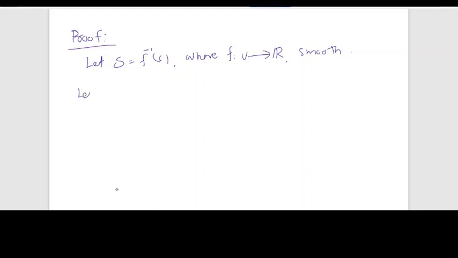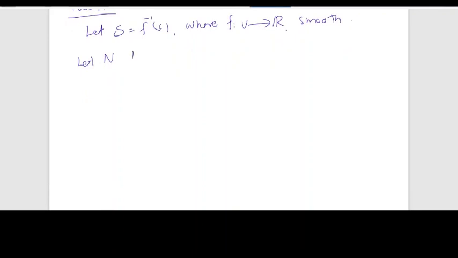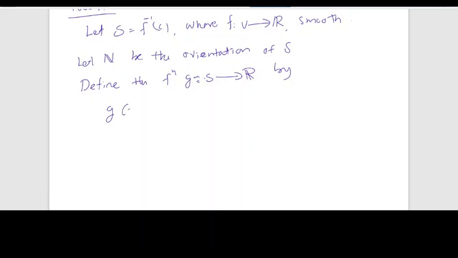Now let capital N be the orientation of S. Now define the function g from S to R by g of x1, x2, etc., x(n+1) equal to x1 squared plus x2 squared plus etc. plus x(n+1) squared.